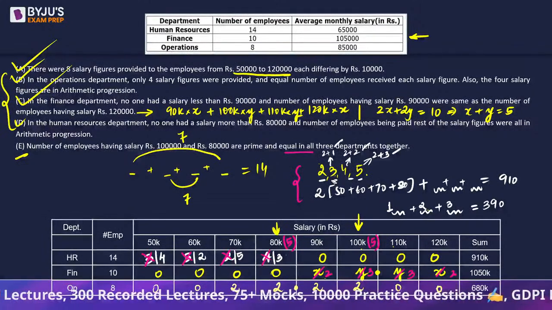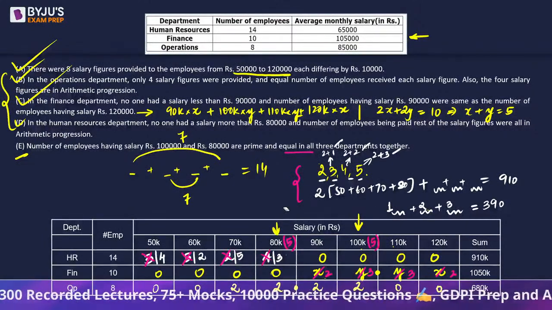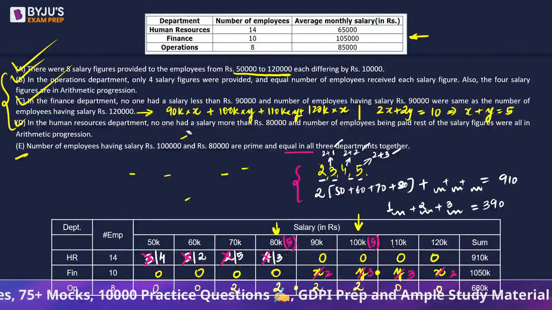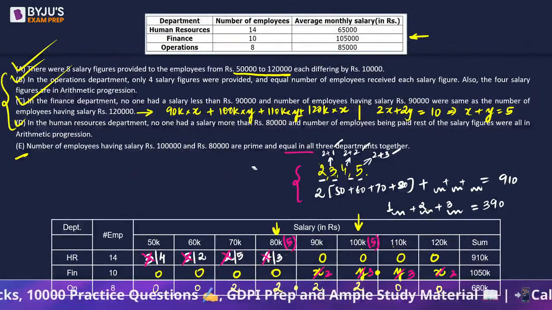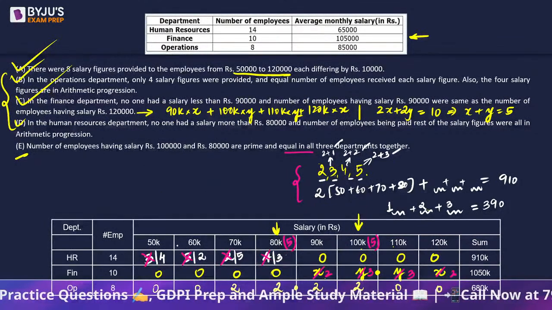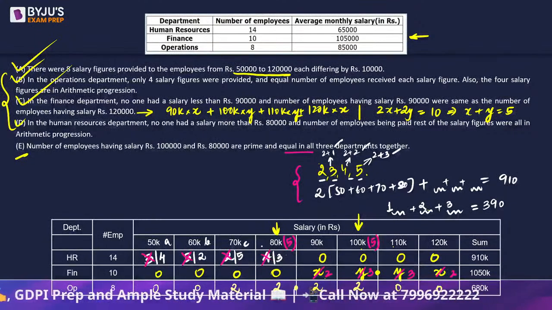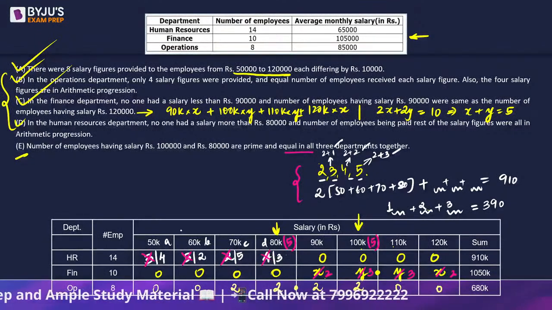If you guys were finding this hit and trial to be a difficult part, we could have also solved it in a different way, that suppose the number of employees are A, B, C and D for 50, 60, 70, 80.